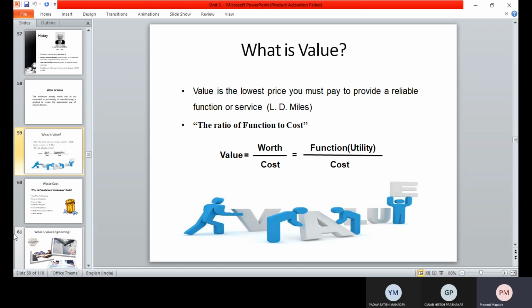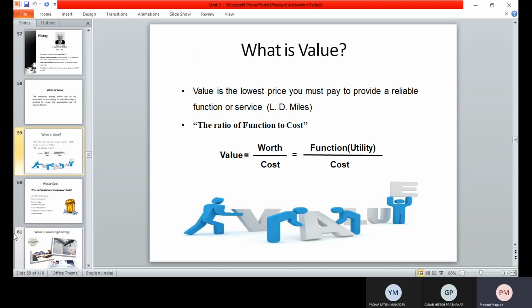As I told you, the function means working quality, and the cost for that respective quality, what efforts can be taken by the engineers, that will be the cost. So through these we can define the value, and it is just a ratio. So you can write the value in another way, in keyword point of view. Don't copy all the things.